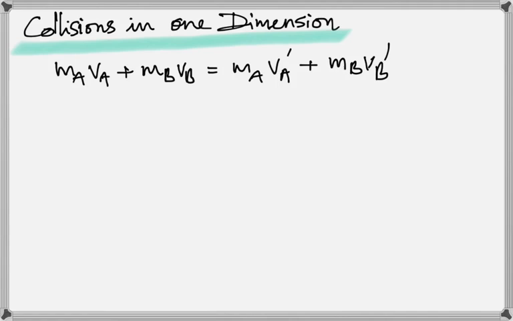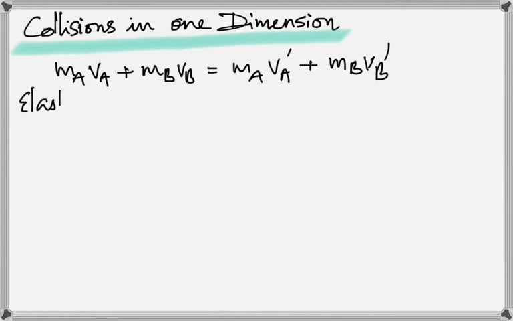Half times mass times the square of the velocity. If the kinetic energy is also conserved, then it's called an elastic collision. So the total kinetic energy before should be equal to the total kinetic energy after. Momentum is always conserved, but if kinetic energy is also conserved, it's called an elastic collision.